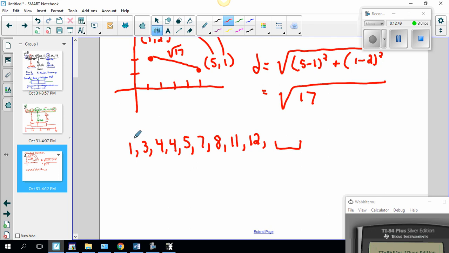So far, the first 9, I got 4, 8, 12, 24, 32, 42, 52, plus 3, 55. So I add these up, and I'm at 55. And I'm going to put a 15 in here, making it 70. And then you're going to divide by 10, and you get a mean of 7.